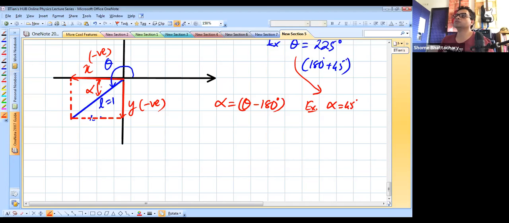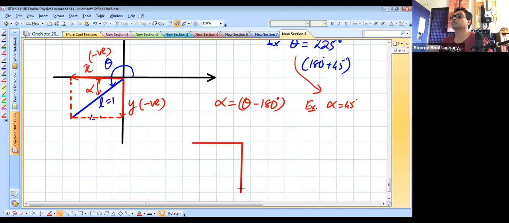Okay. Now this smaller right angle triangle, let me just bring it out and make a separate diagram of it. So that right angle triangle is looking something like this.